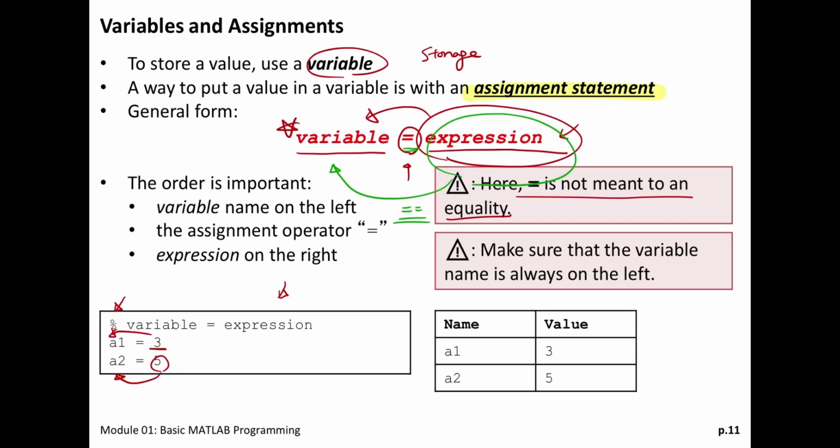This is just a comment line that is completely ignored when the script is executed. So basically, you can take any memo that can help to understand your script. So when we execute this script, you'll see this variable and its value in the workspace.